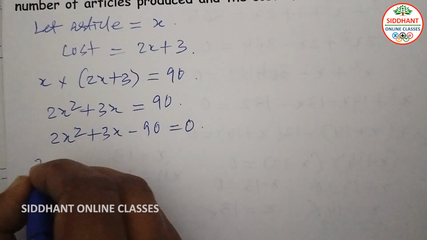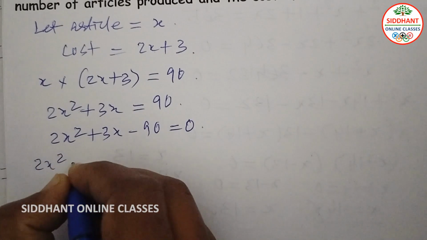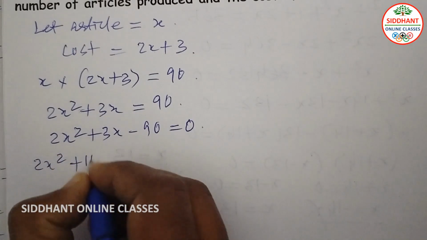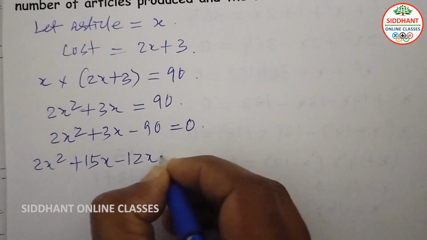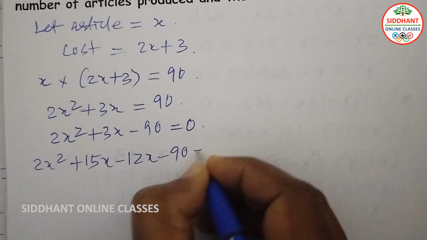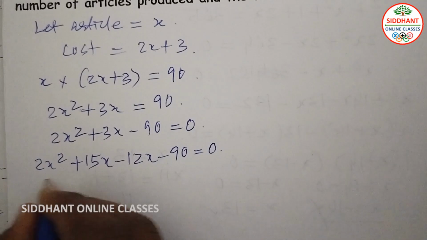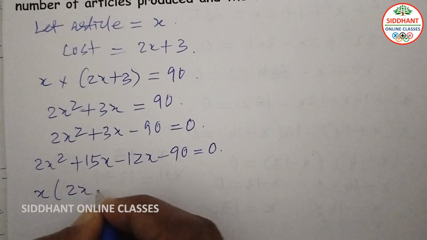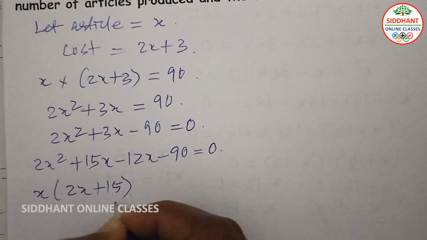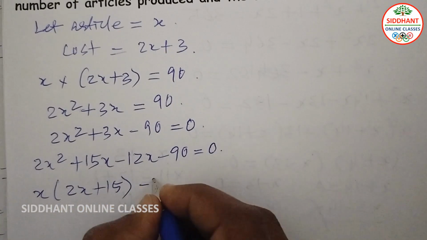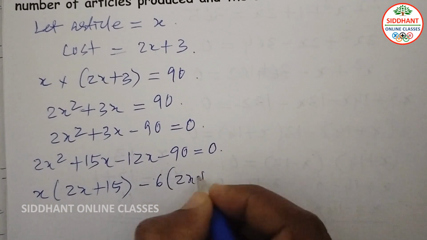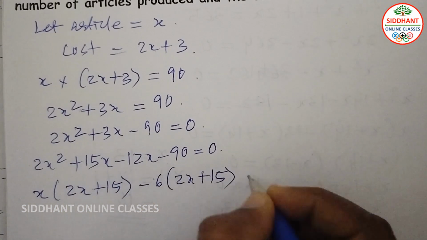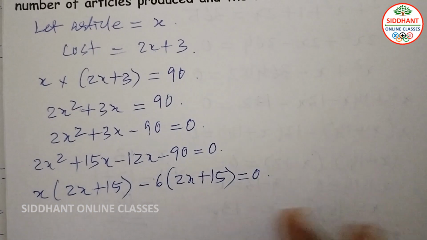Now taking factors, 2x square here plus 15x minus 12x minus 90 equal to 0. Taking x common here, we get 2x plus 15, and taking 6 common here, which is 2x plus 15 equal to 0.